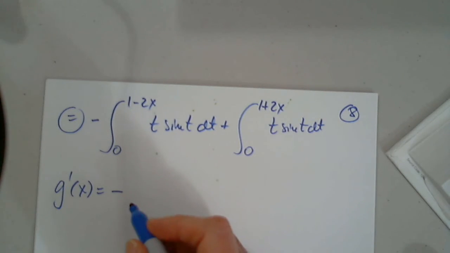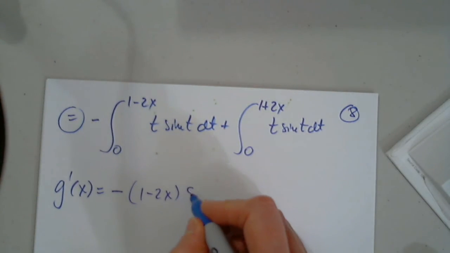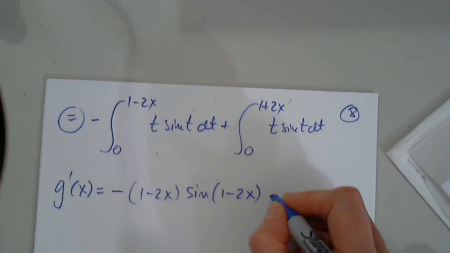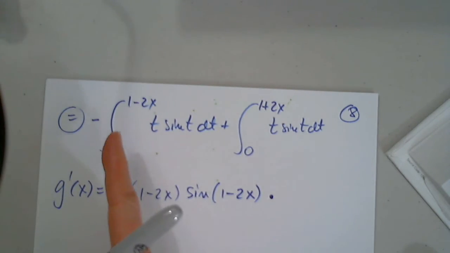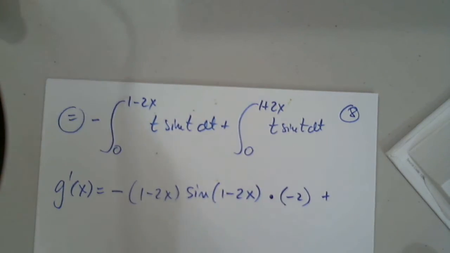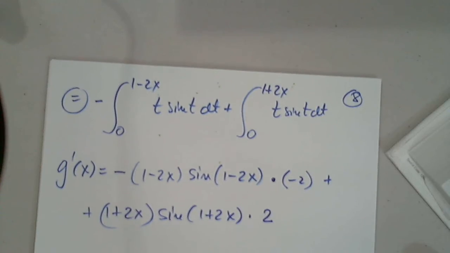Would it be negative, parentheses 1 minus 2x, and then sine of 1 minus 2x, times negative 2? Very good. In the same way, 1 plus 2x sine 1 plus 2x times the inner function, which is 2.